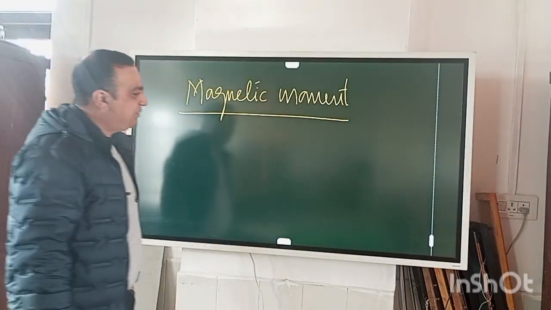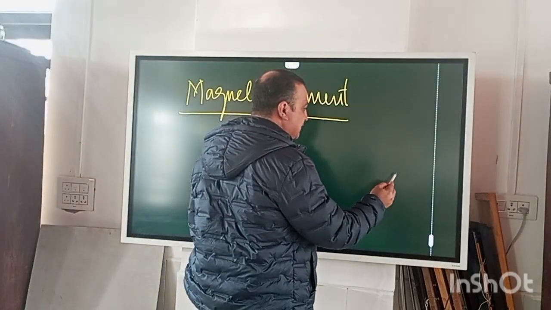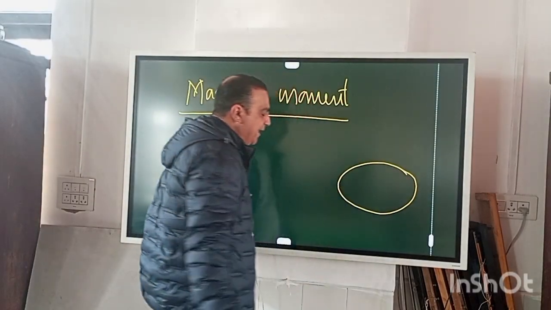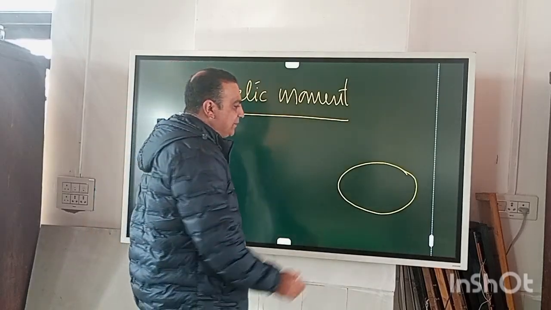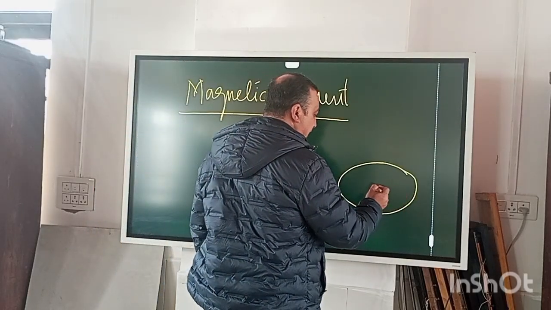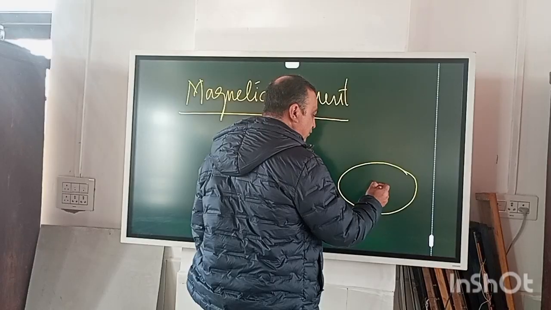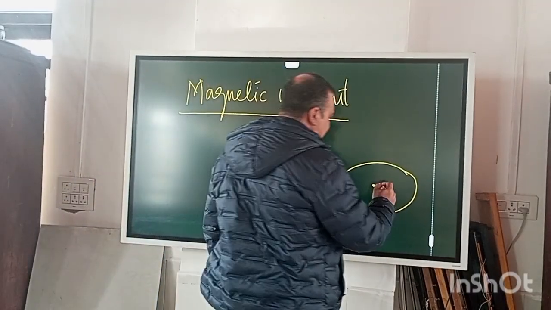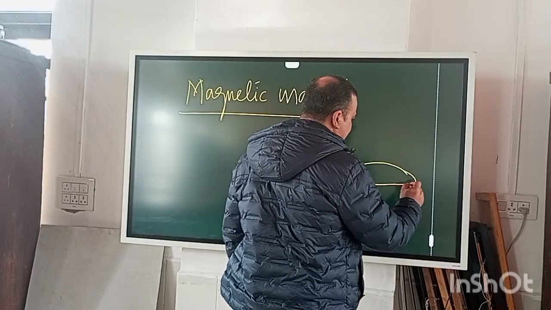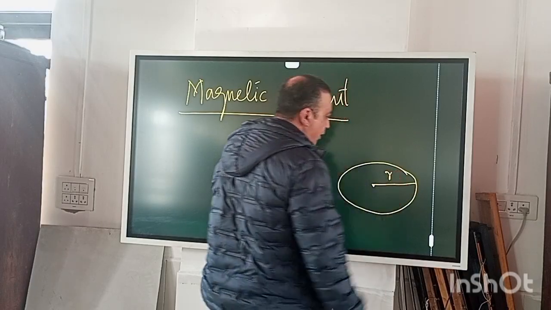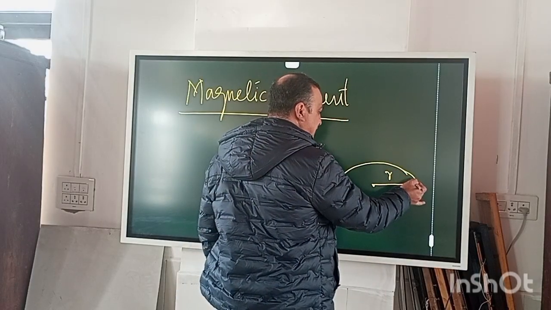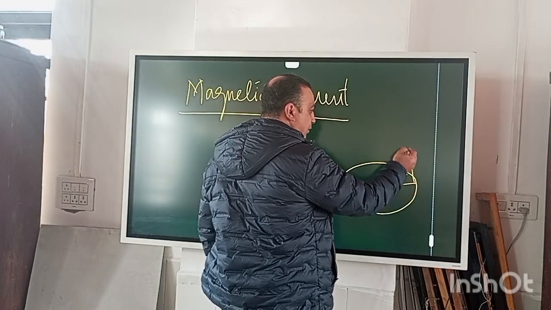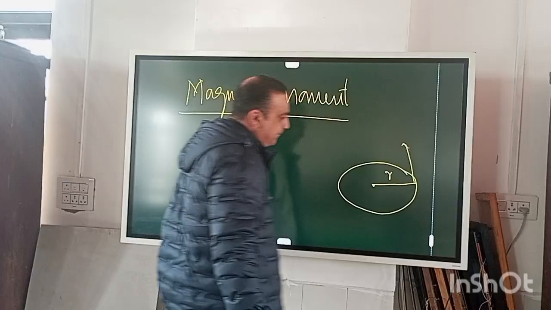And the situation is like this. We have an electron revolving with respect to a center, and the radius of this orbit is, say, r. Since the electron is revolving, we will have the velocity of the electron.